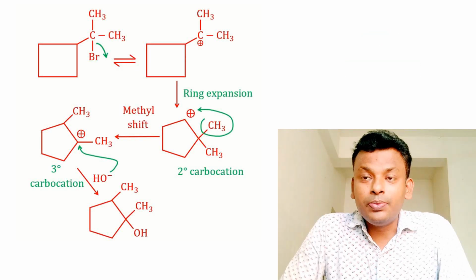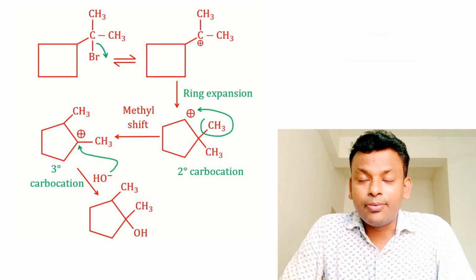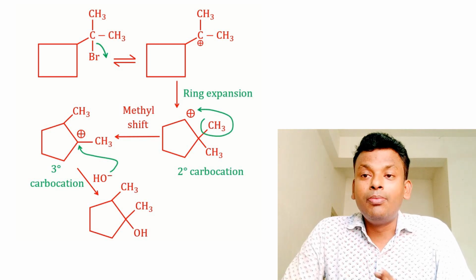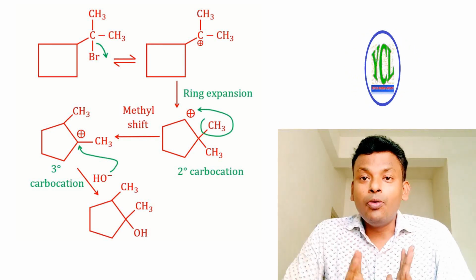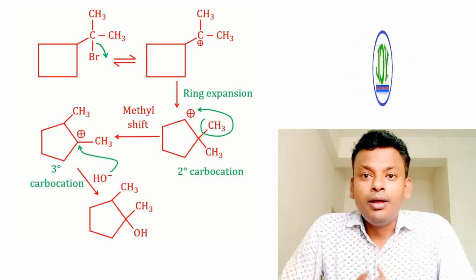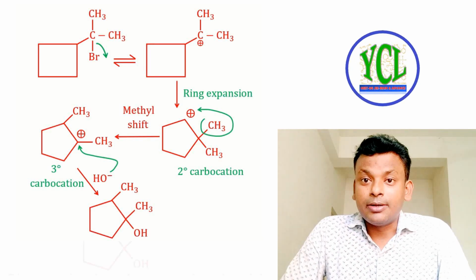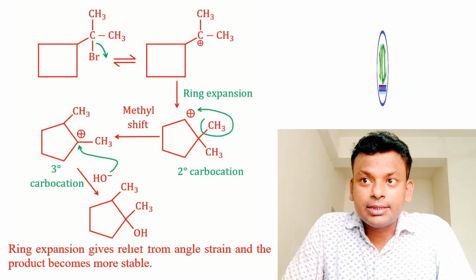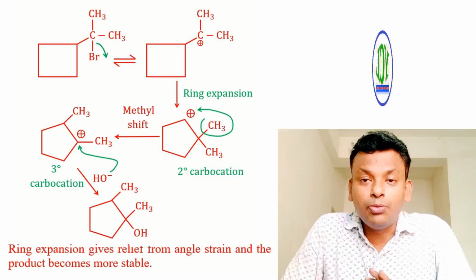Next a methyl group shifts to give a 3-degree carbocation. Next OH negative attacks this point and forms that product. That is ring expansion from 4-member to 5-member. Ring expansion gives relief from angle strain and the product becomes more stable.